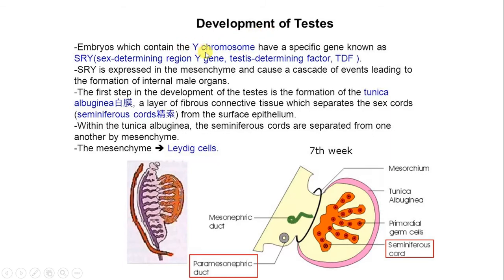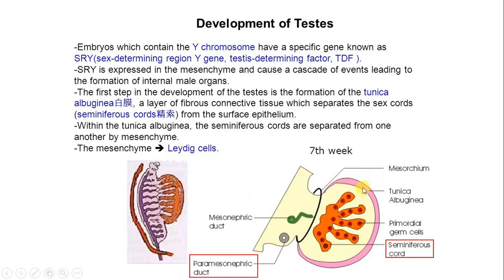So an embryo which contains Y chromosome and the SRY gene on the Y chromosome will have a TDF, testes determining factor. The SRY is expressed in the mesenchyme and causes the cascade of events leading to the formation of internal male organs. The first step is the tunica albuginea.